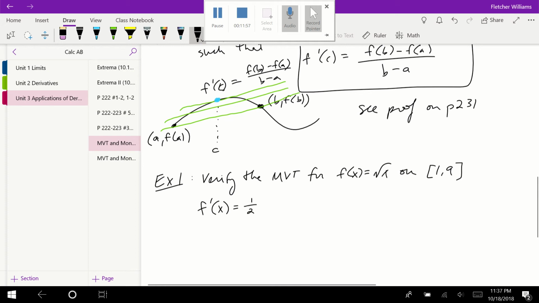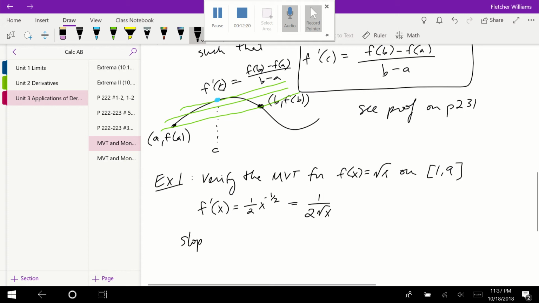That's 1/2 x to the minus 1/2, or equivalently 1 over 2 root x. What do we want that equal to? Well, we want it equal to the slope between the two endpoints. So what would that be?